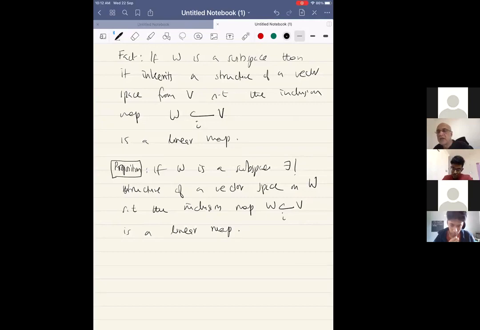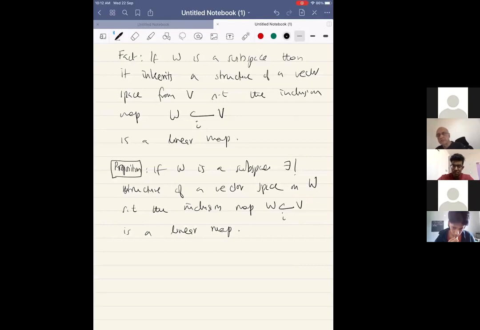First of all, does there exist a structure of vector space on that subset? What does that mean? I have to give the rest of the package. I have to give a zero vector, define minus of a vector, and make sure that various things are satisfied. And then I have to check that the inclusion map, which is only a map of sets, is actually a linear map.